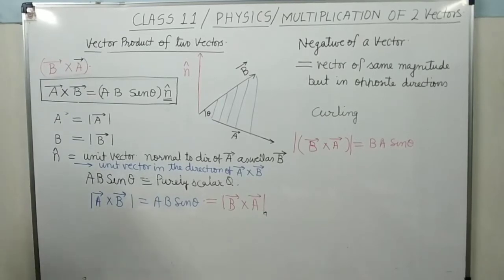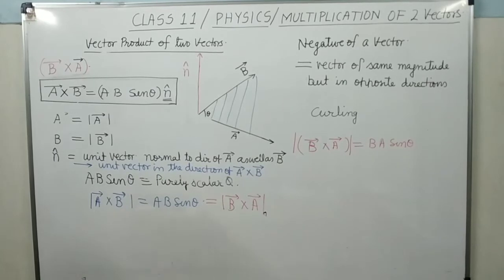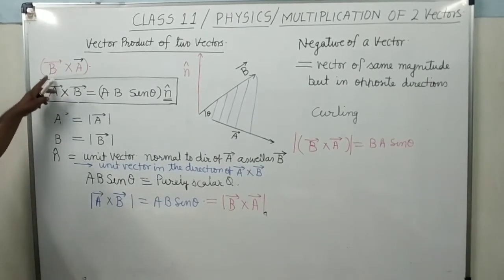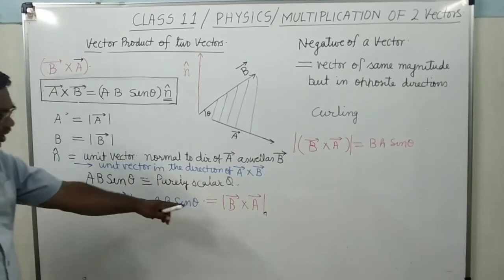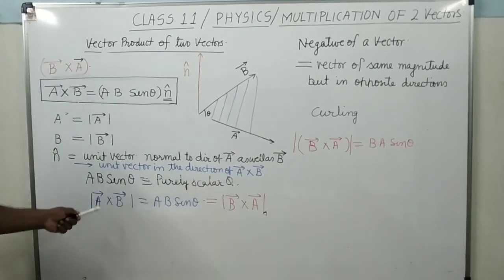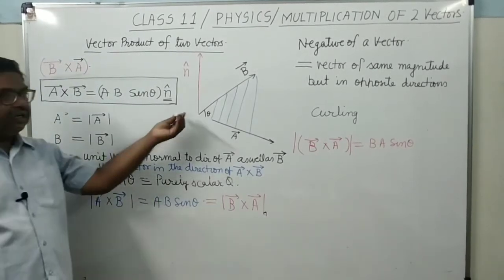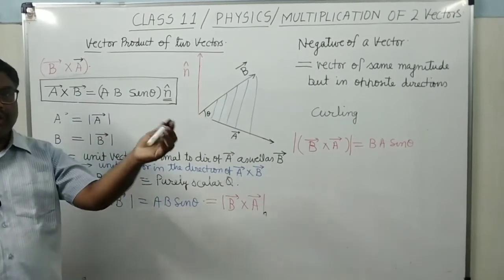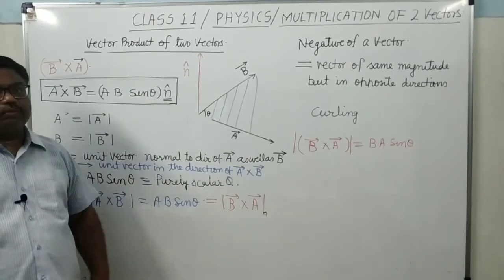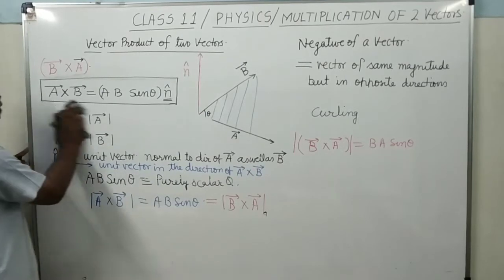That is the negative of the vector. So from here you can see that both vectors have the same magnitude, but one is pointing normal to the board outward, the other is pointing normal to the board inward. So what will you write?